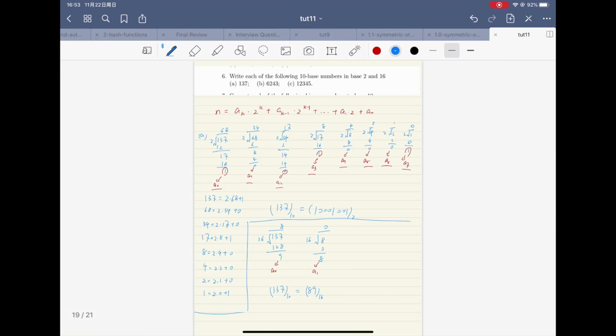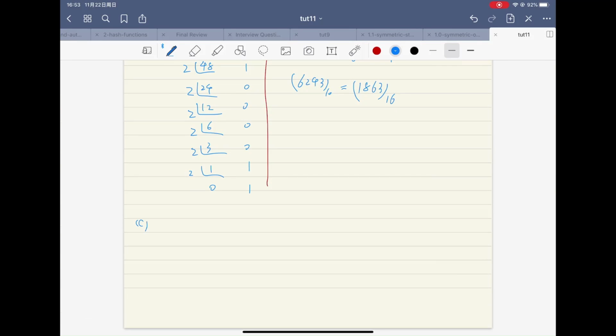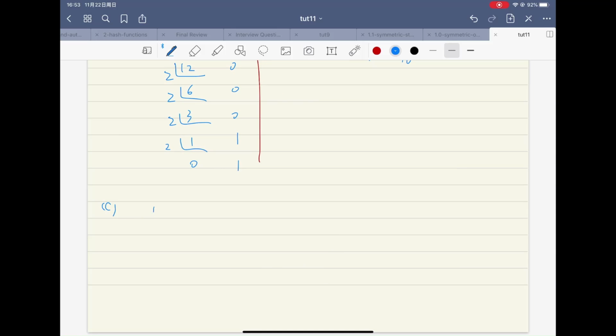And the third is 12345. For 12345, I will leave it for your practice. After you write it by yourself, you can verify your answer.